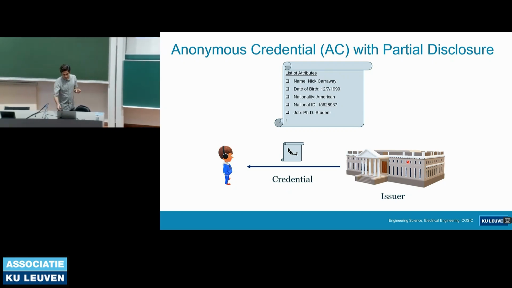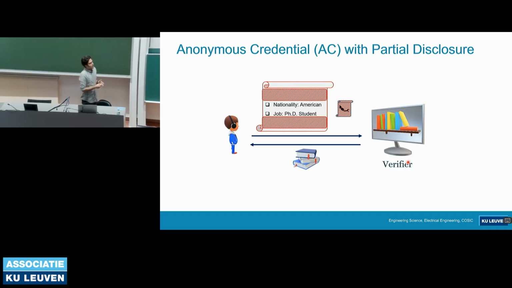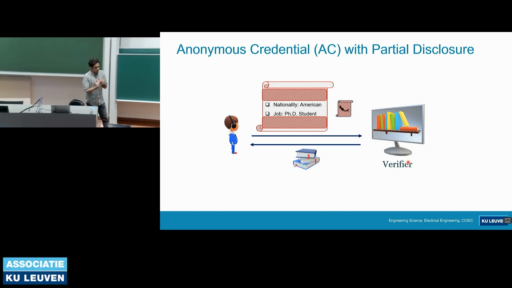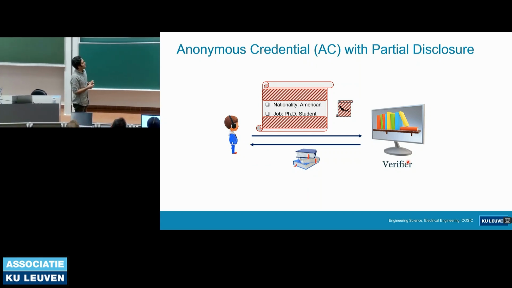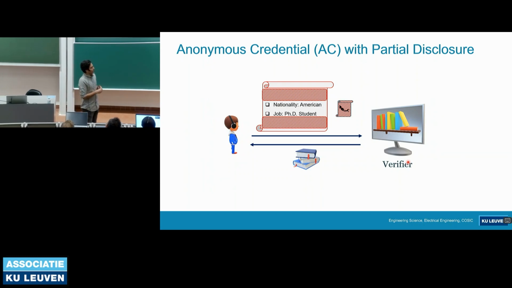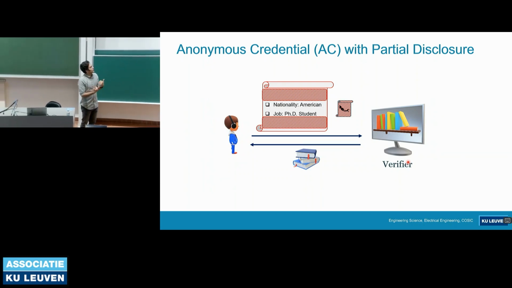So what anonymous credential enables us is that whenever the user wants to prove that he has this credential, he can do it blindly. I mean, he can do it in a way that is unlinkable to the original credential that he received from the issuer.